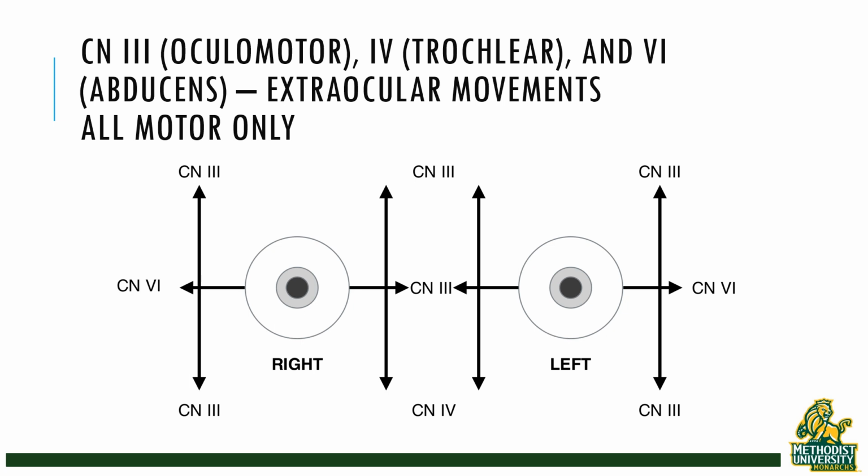When people have problems with this, they will often have double vision when they are looking in the direction of their palsy because the eyes quit tracking together.